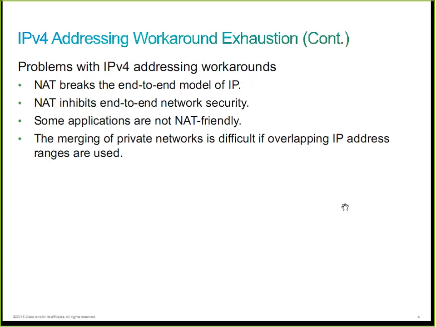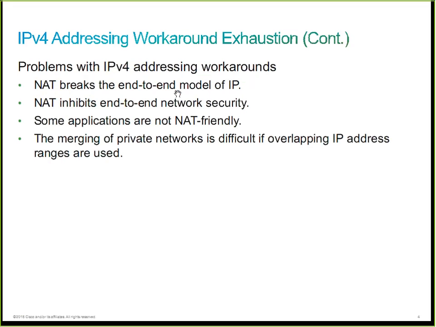Now, when it comes to the problems with those workarounds which you saw in the previous slide, one of the major problems with NAT is that it breaks the end-to-end IP model, right? Because what does NAT do? NAT translates the source IP address from private to public, or from one IP to another. So when we are talking about end-to-end connectivity, from one end of the network to the other, especially across the internet or the public network, we normally implement NAT.